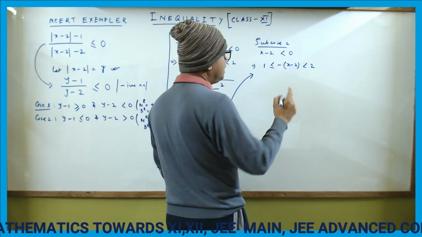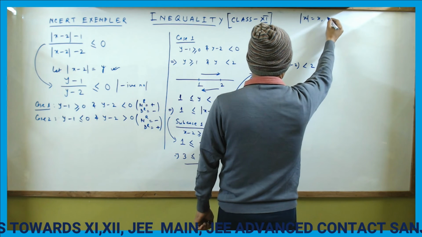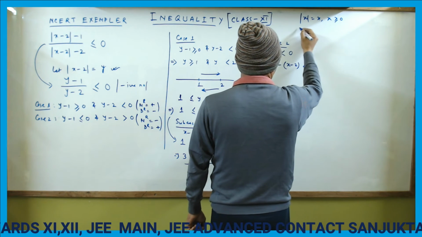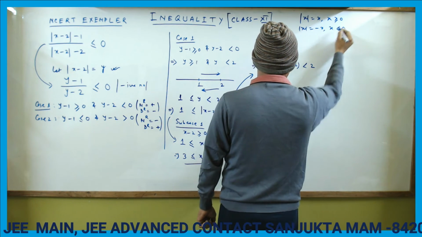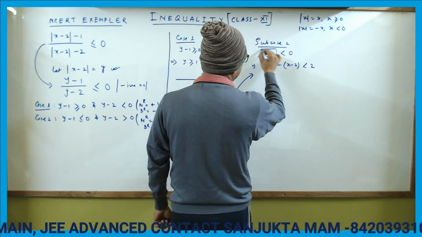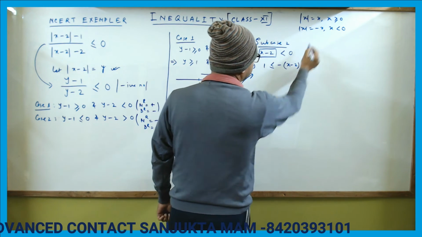We have to recall the modulus function here. Mod of x equal to x when x greater equal to 0 and mod of x equal to minus x when x less than 0. So when x minus 2 less than 0, mod of x minus 2 means minus of x minus 2.